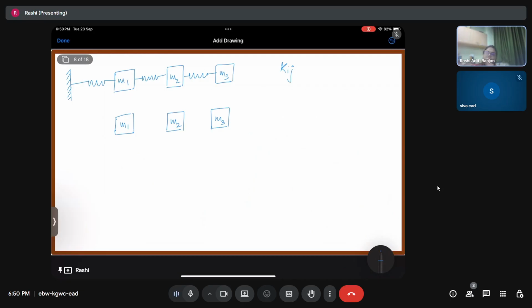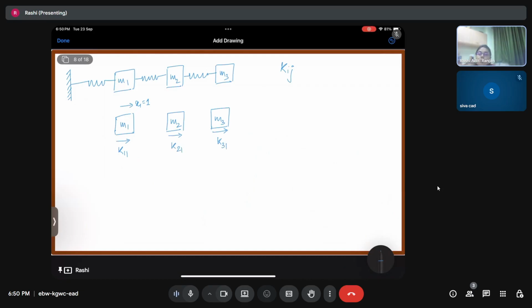So M1 is getting displaced by x1 equals 1. Now for that the force is going to be K11. For this the force is going to be K12, and for this the force is going to be K. Okay, it should not be 1 2, it should be 2 1 and 3 1.